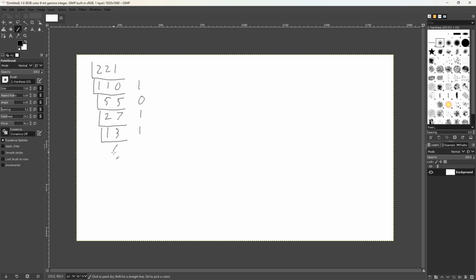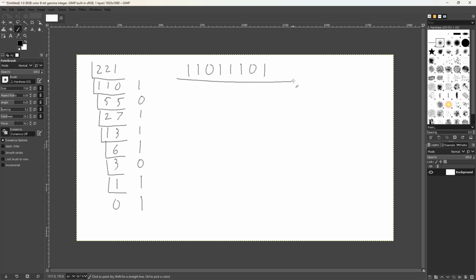That is going to be 6 with a remainder of 1. That is going to be 3 with a remainder of 0. That is going to be 1 with a remainder of 1. That's going to be 0 with a remainder of 1. I've hit 0, so I stop now. And then to write this number out, it is 1, 1, 0, 1, 1, 1, 0, 1.